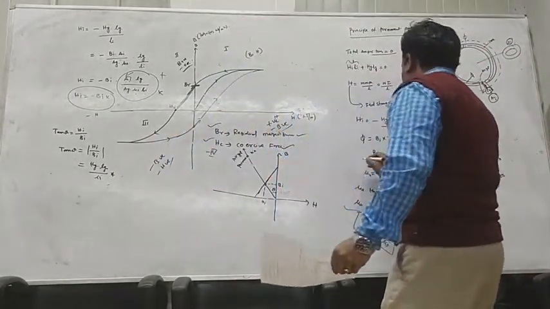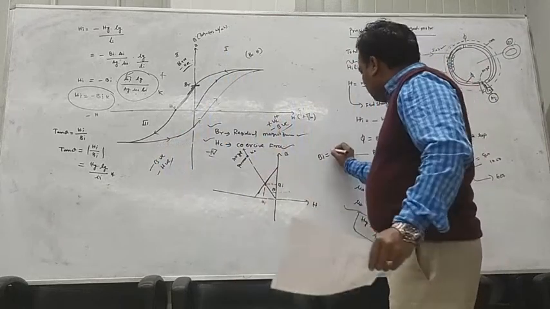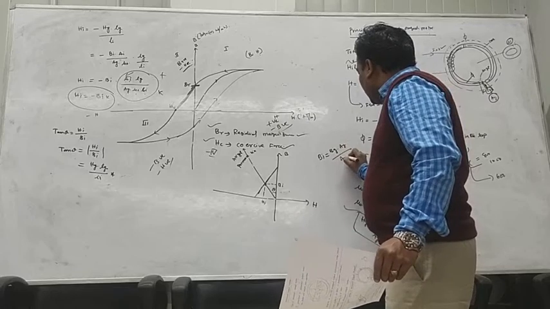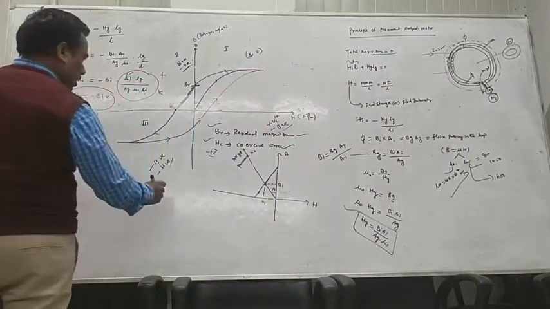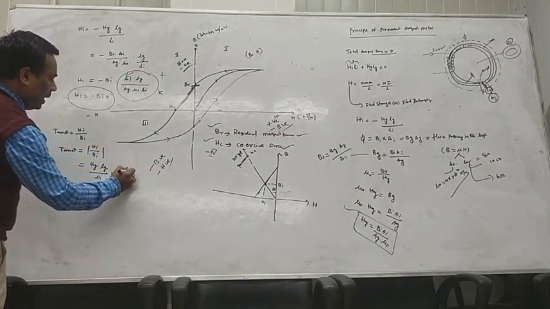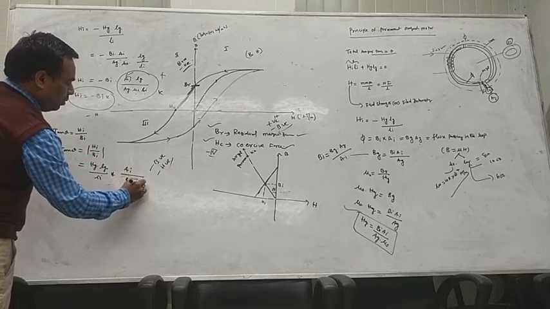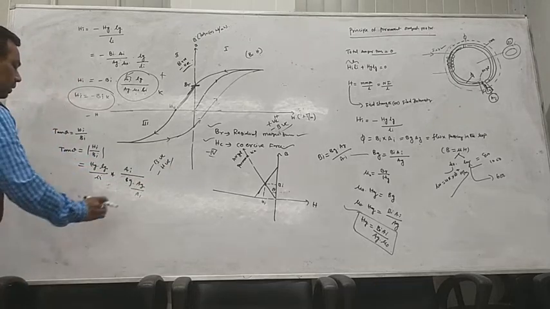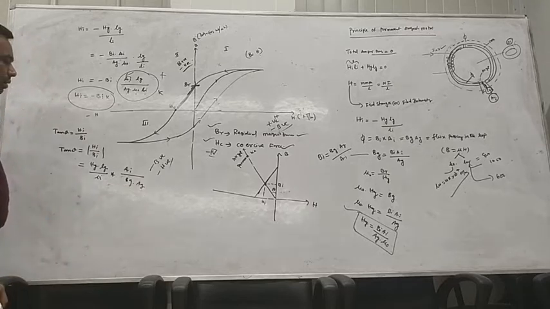From this equation, Bi is equal to Bg into Ag by Ai. If I substitute this relation here, that is HI divided by Bg into Ag by Ai.